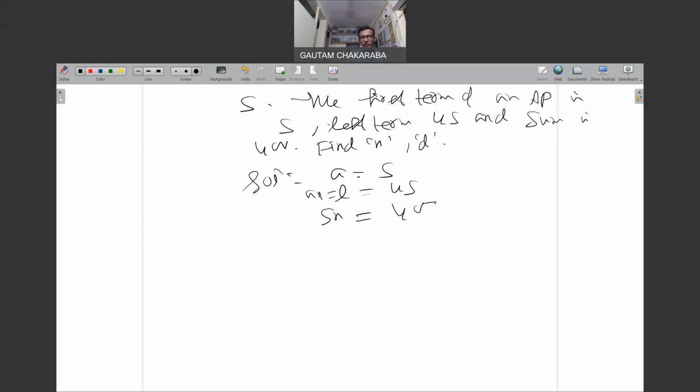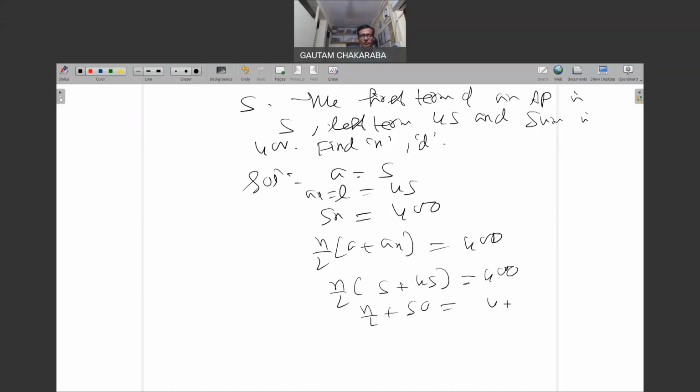Sn is 400. Apply the identity n by 2 into a plus last term: 400 equals n by 2 into 5 plus 45, that is n by 2 into 50, n into 25.